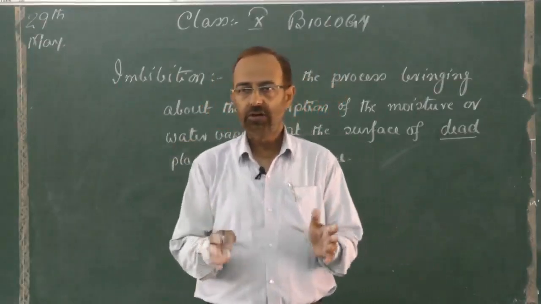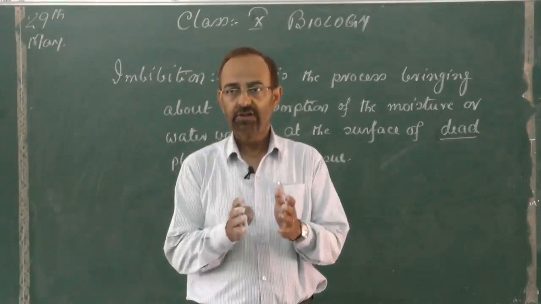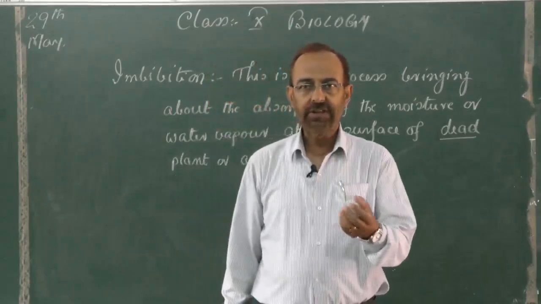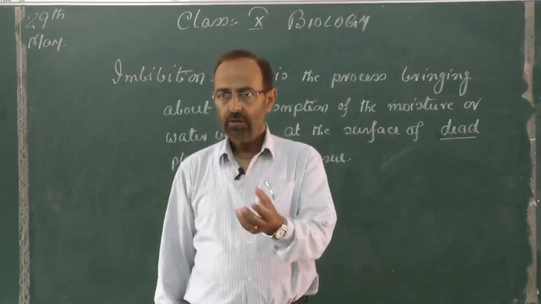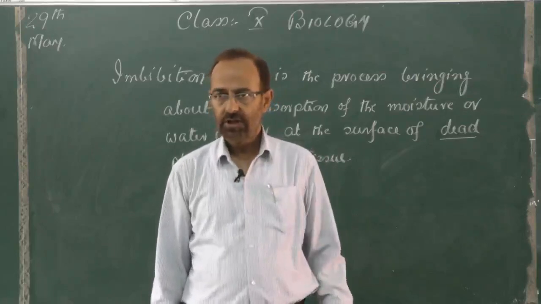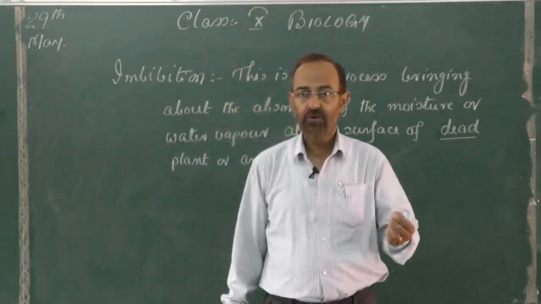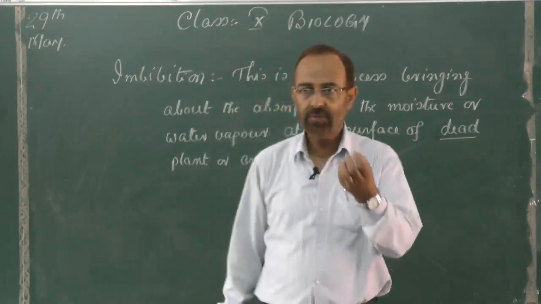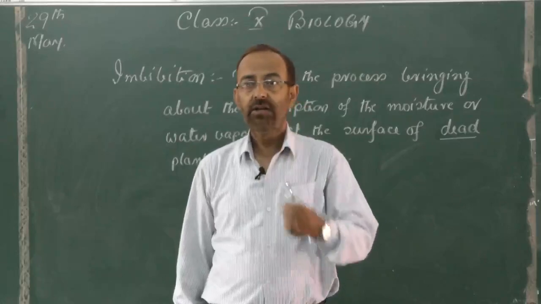Seed coat and cotyledon, as I told you, are non-living structures. They consist of dead cells. So here, soaking of the seed: you know that if some dry seeds are put in water, they absorb water and get soaked. The soaking of the dry seed is possible by the absorption of water by the dry or dead cells of the cotyledon and seed coat.